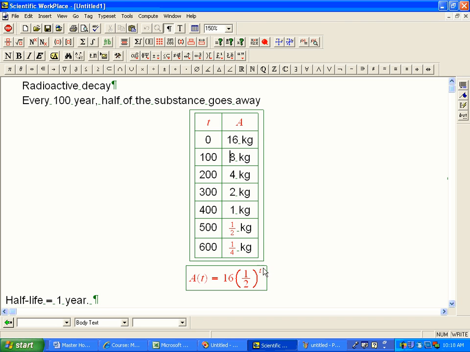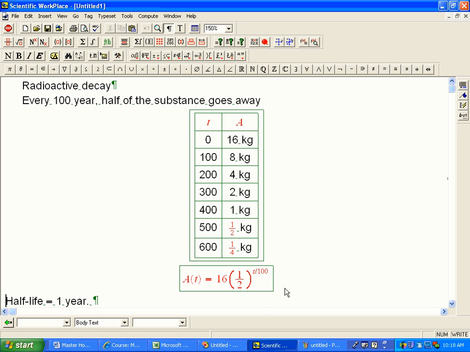That's the right answer. Well, if I take t over 100, that's going to work. And let's test that. If t equals 200, then 200 over 100 is going to be 2, and that's going to be 16 times 1/2 squared. Okay, that's going to be 4.